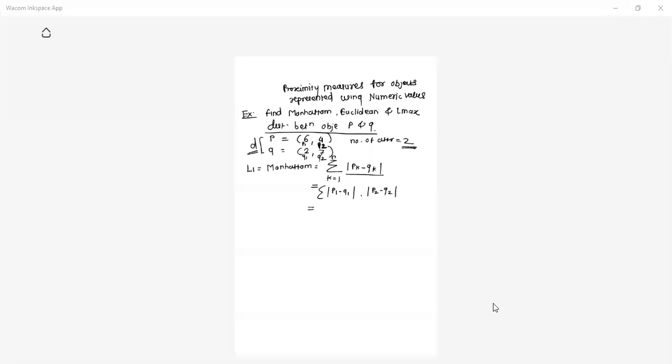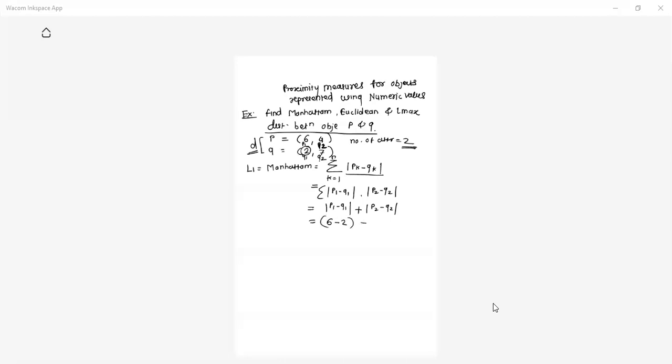So if you write p1 minus q1 plus p2 minus q2, what is my p1 value here? My p1 is nothing but 6. And what is q1 here? It is 2. So 6 minus 2.